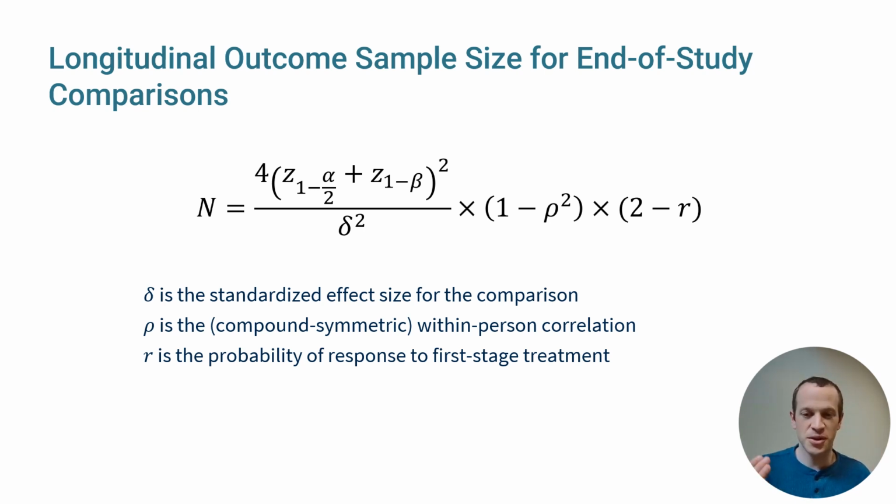Conceptually, the reason is that there are some statistical benefits you can reap because your outcomes are correlated. In effect, you're using the outcomes that you've collected earlier in the study to denoise the outcome that you're measuring and whose expectation you're estimating at the end of the study.